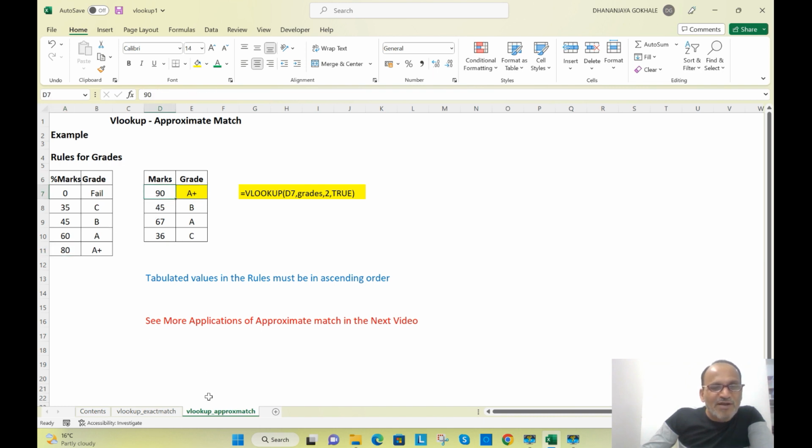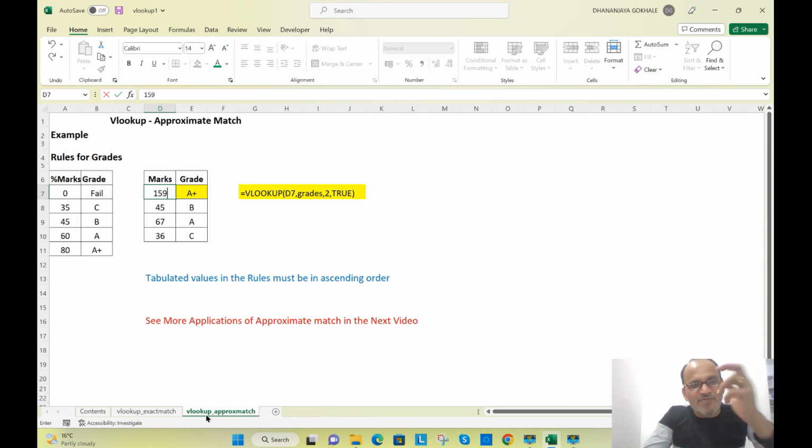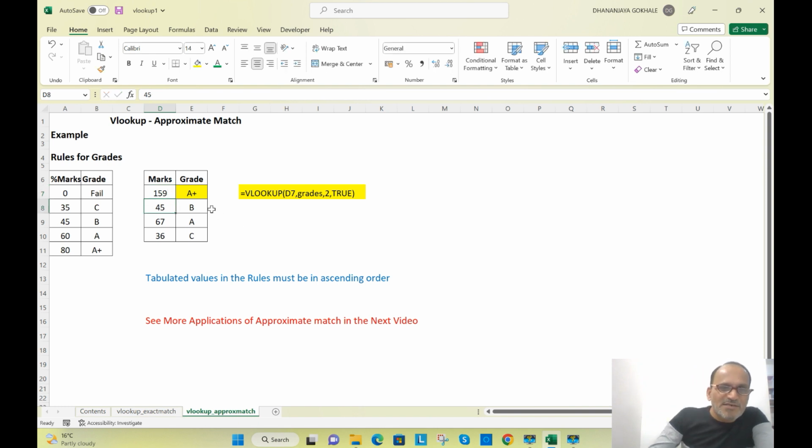Let's do one exercise for fun. Nobody gets more than 100. But I'm going to write 150 here. Okay. And enter. Still he got A plus. Now, is 150 close to 80? Well, it is not really close to 80, correct? It's way away from 80.